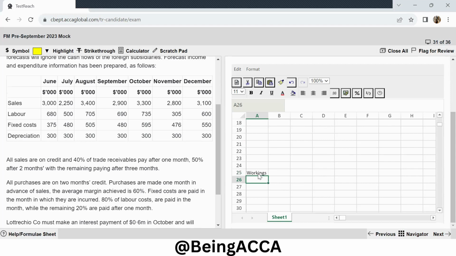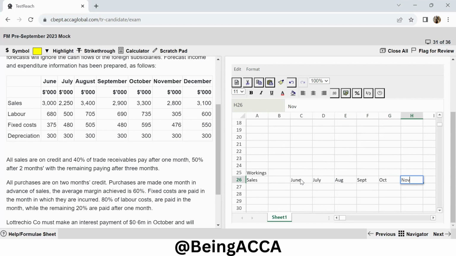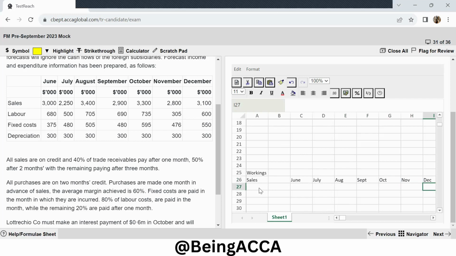So this is my working with respect to sales. I can just put my months over here: June, July, August, September, October, and then November, and then December also. Let's put, just because we have information from that also. So we have our sales over here.